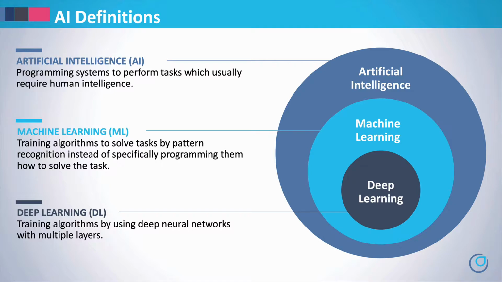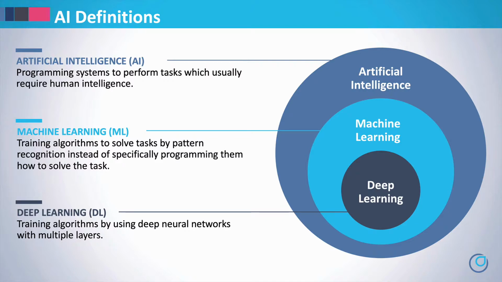As a subset of that, there's something called machine learning, which uses training algorithms to solve pattern recognition. And instead of specifically programming them, it basically works out how to solve a particular task. And then there's deep learning, which uses training algorithms, often referred to as deep neural networks with multiple layers, much more perhaps like the human brain would work.